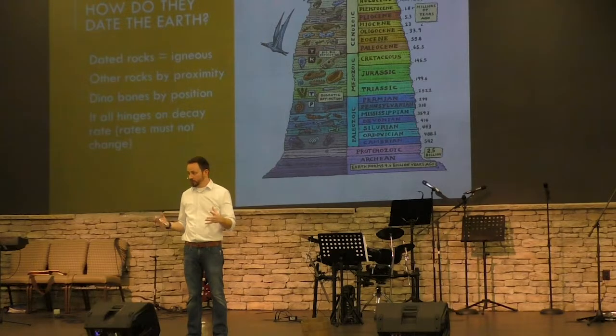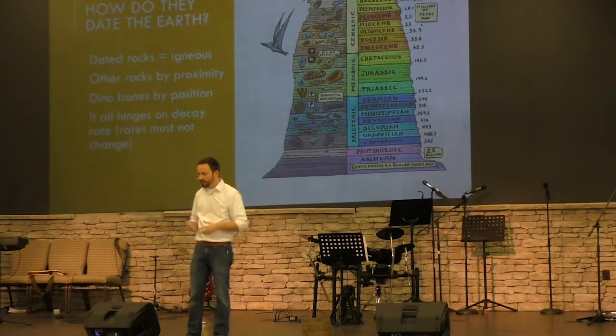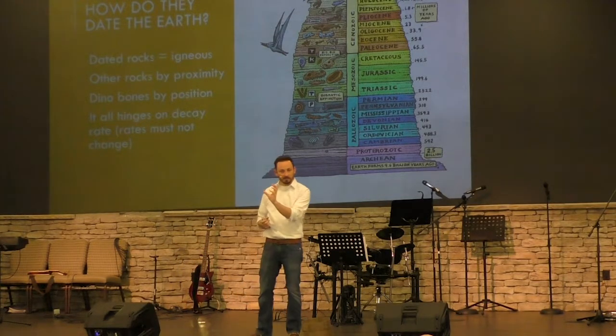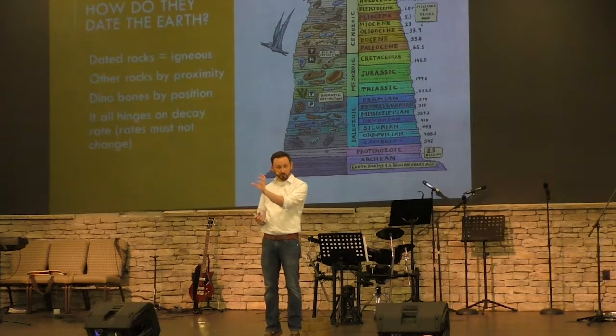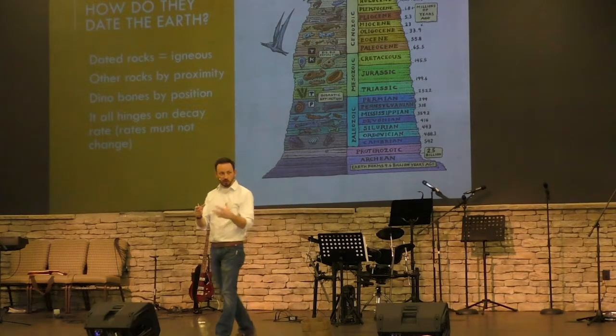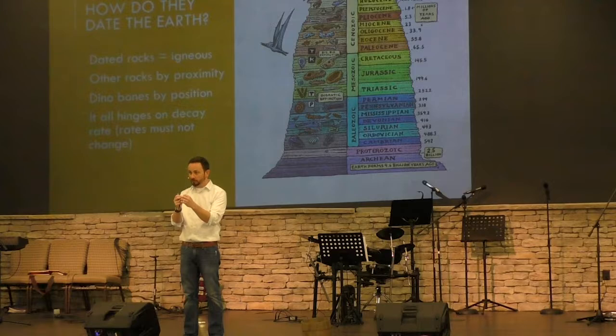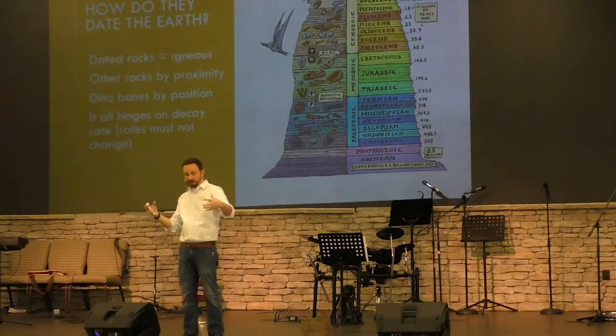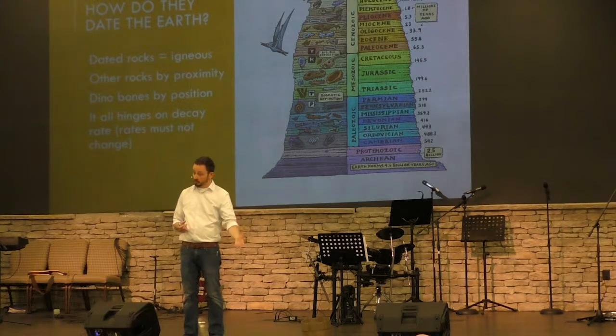Because of the chemical structure of a cooled lava rock, there's an isotope of something, I forget what it is, that's in there. And natural scientists think they know how long it takes for that particular material to decay. It's called a half-life. In a certain amount of time, it will decay a certain amount. And so by looking at how much decay has happened in that particular element in the rock, they can tell how old the rock is.